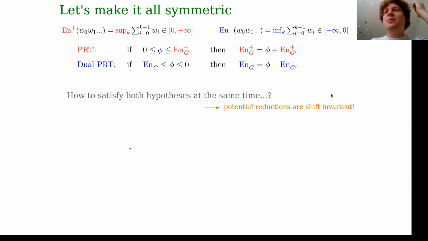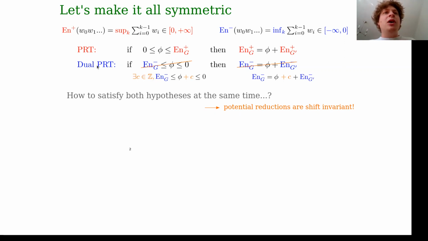If we realize that potential reductions are shift invariant. So what I mean by this is, if you take some potential and shift it, so you shift all the values by the same constant, then the reduction that you are going to perform will be really the same reduction as with the original potential, because all the differences are going to be the same. So what we will do is we will apply the potential reduction theorem to our potential phi.